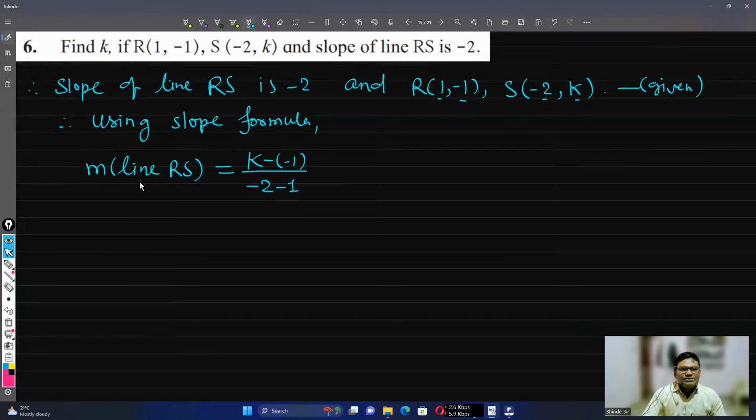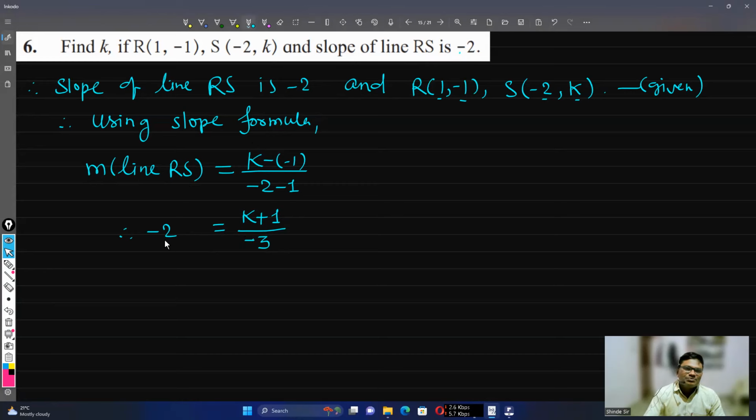Since the slope of line RS equals minus 2, replace it: minus 2 equals k minus minus 1, which gives k plus 1, upon minus 2 minus 1, which equals minus 3.